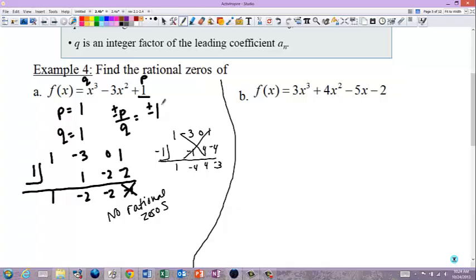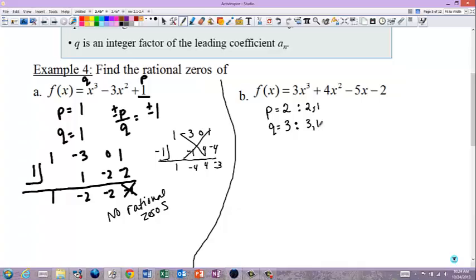On this one, the p is all the factors of 2, and q is all the factors of 3. So the factors of 2 are 2 and 1. The factors of 3 are 3 and 1. And it's plus or minus p over q.